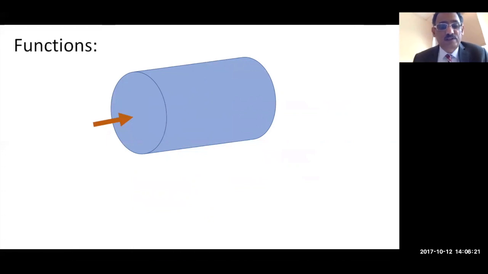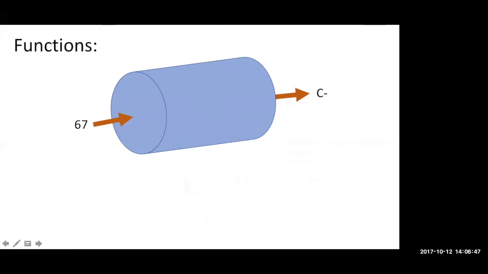So for example, if there's a function I pass 67 to, and I get back C minus, I start to think this function has something to do with grades, yeah? So you take a mark, which is a percentage, and convert it to a grade. And today we will create a function that takes a mark and converts it to a grade.